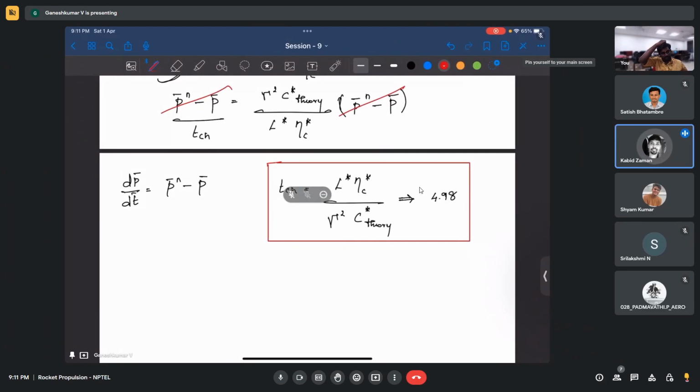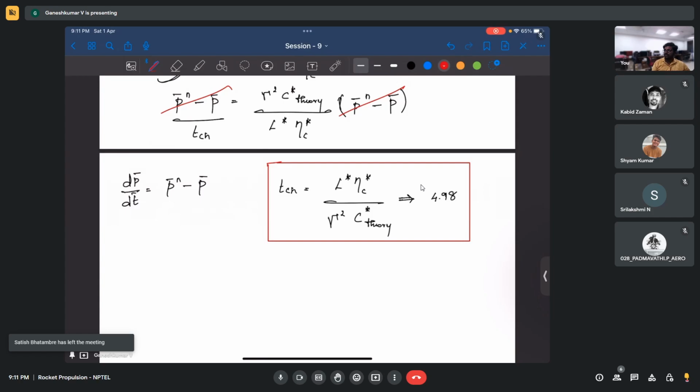Thank you, Satish. Could you please discuss a little bit about the variation of C star efficiency throughout the burn, from the initial burning to the burnout? Most probably, from what I have observed, C star itself is going to be almost constant throughout the burn, so I speculate C star efficiency is also going to be almost constant.